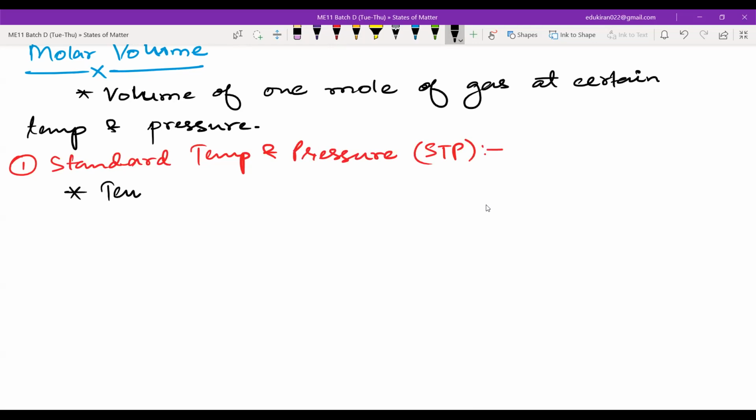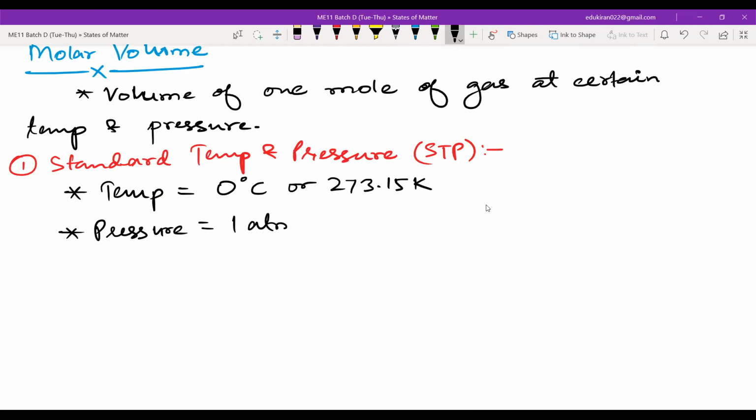Here the temperature is 0 degrees Celsius or 273.15 Kelvin. The pressure is taken as 1 atm. And at this temperature and pressure, the volume of 1 mole of gas was found to be 22.4 liters per mole.